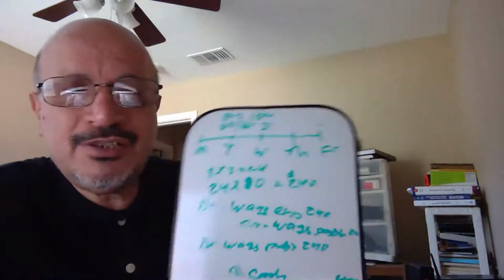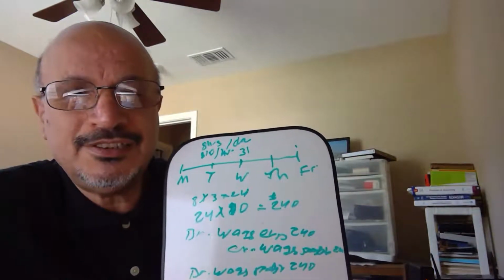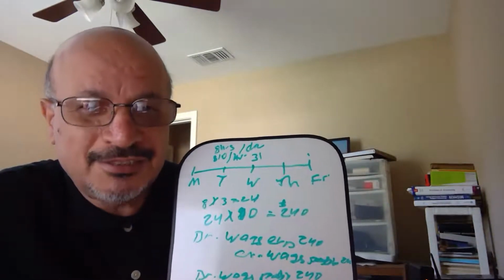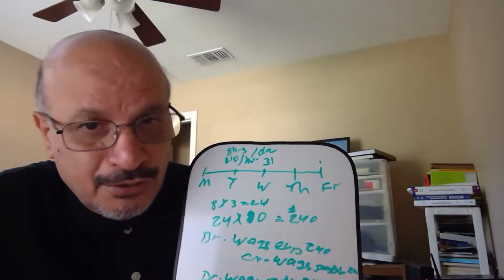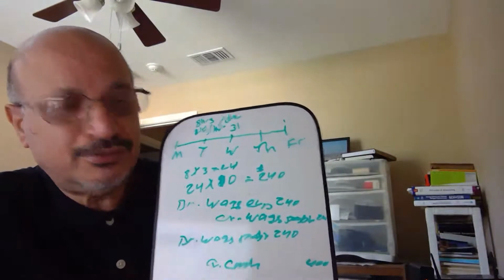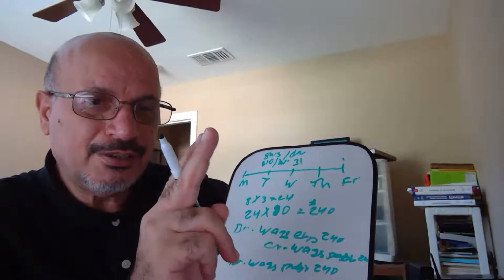Why did we debit wages payable? Because it's a liability. When a liability decreases, we debit it. When a liability increases, we credit. You got to go back to those rules that I showed you. You got to know those. So we have 2 days worth of wages expense.